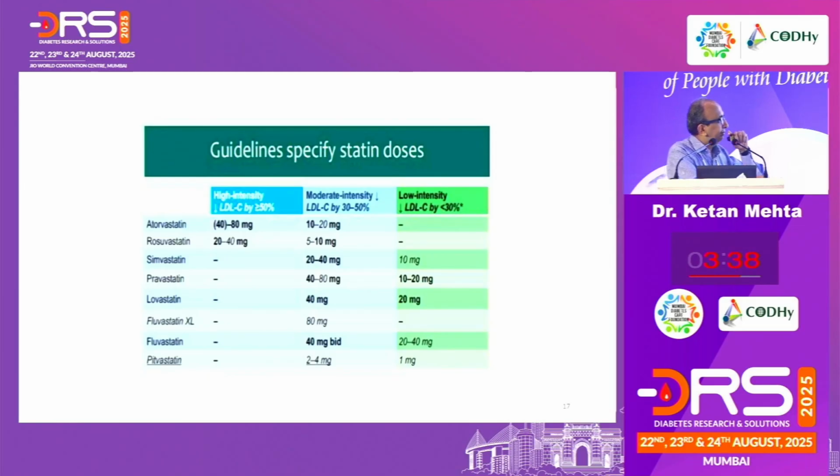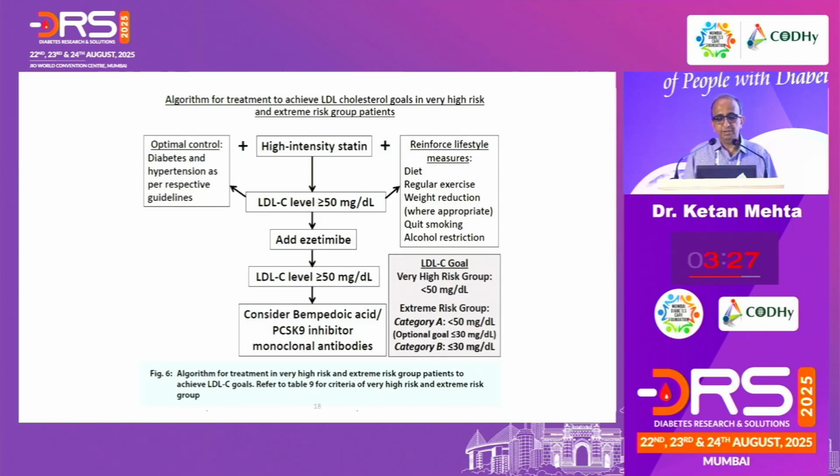For moderate intensity statins, you have varying doses of other statins also. And then you have low intensity statins, which reduce LDL by only about 30%. So the algorithm is, when you want to treat, start with a high intensity statin. Ensure optimal control of the primary factors, and reinforce the lifestyle measures, which are equally important.